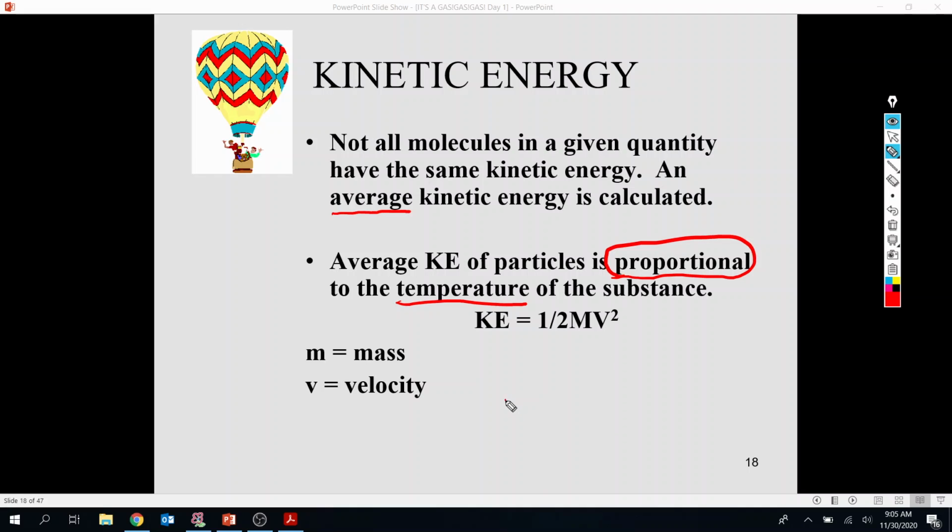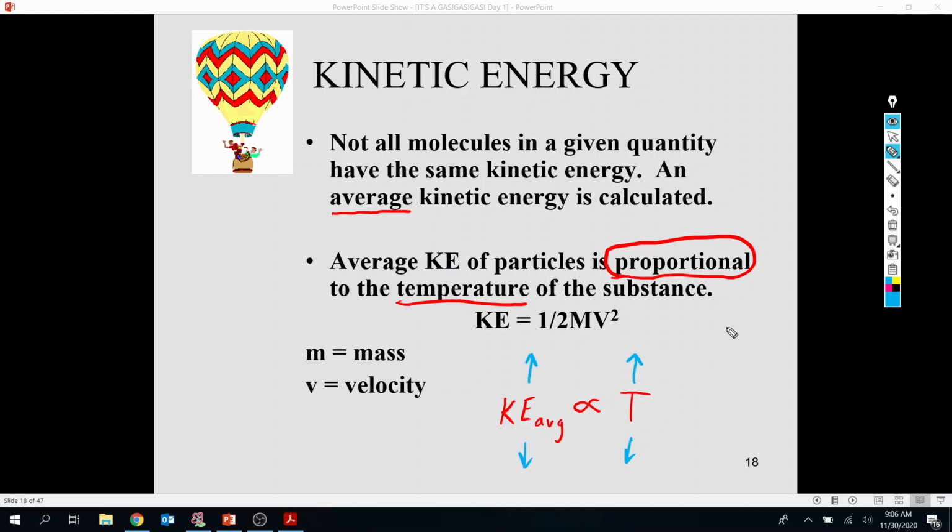What that means is that if I have my average kinetic energy, and I'm just going to use this symbol for proportional, here's what that means: if your temperature goes up, then your average kinetic energy will go up. If your temperature goes down, then your average kinetic energy will go down. So directly proportional is just a fancy way to say that they change the same amount in the same direction.